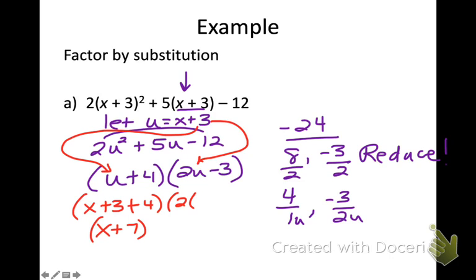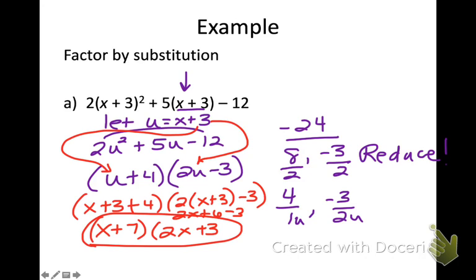And then here I'm going to substitute my x plus 3 back in place of U. Bring down my minus 3. Distributing that gets me 2x plus 6 minus 3, which simplifies to 2x plus 3, since 6 minus 3 is positive 3. And then there we have our answer.